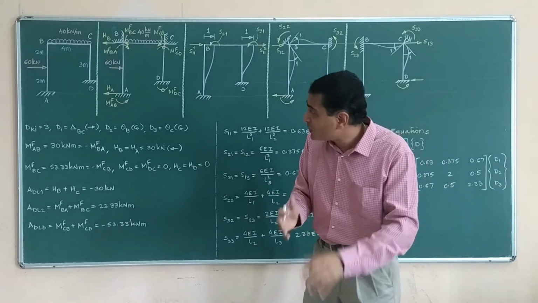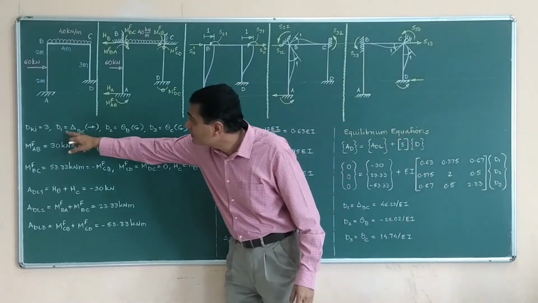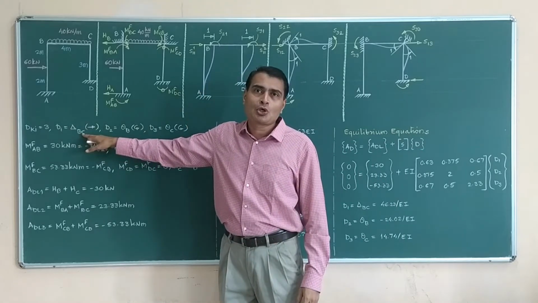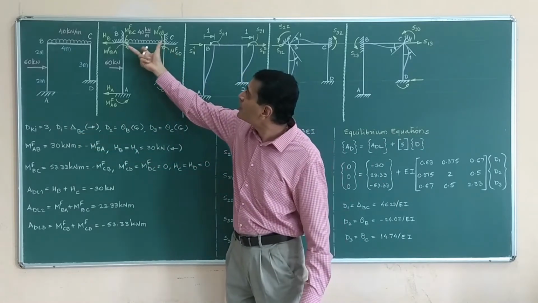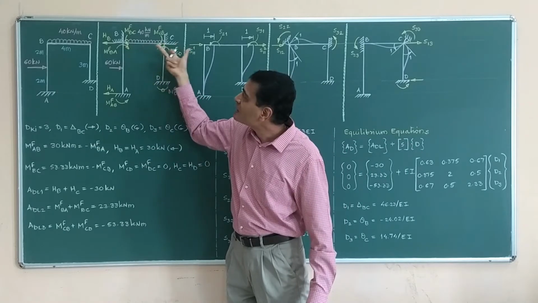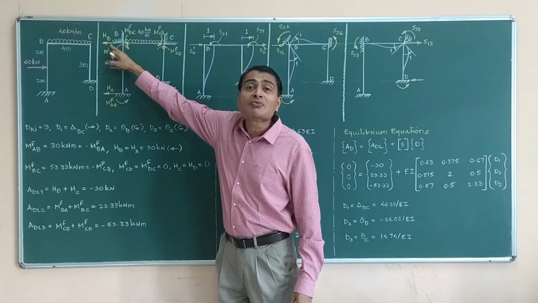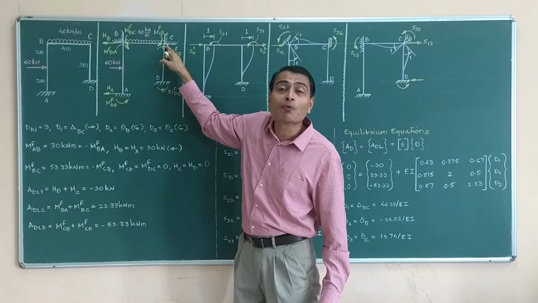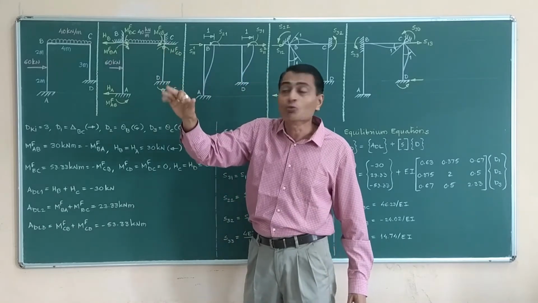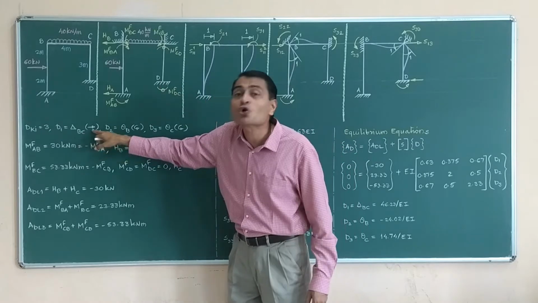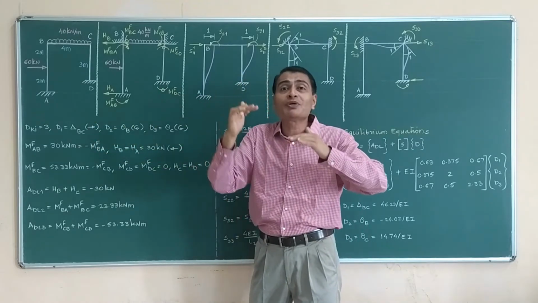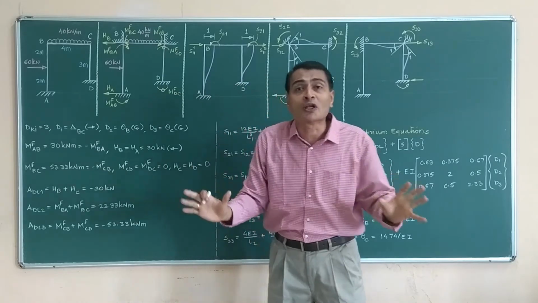So if you observe carefully, my D1 is delta BC translation. So action corresponding to this translation is going to be force acting at B point and force acting at C point horizontally, because my delta is horizontal, my sway is horizontal. We are not concerned with vertical motions at all.